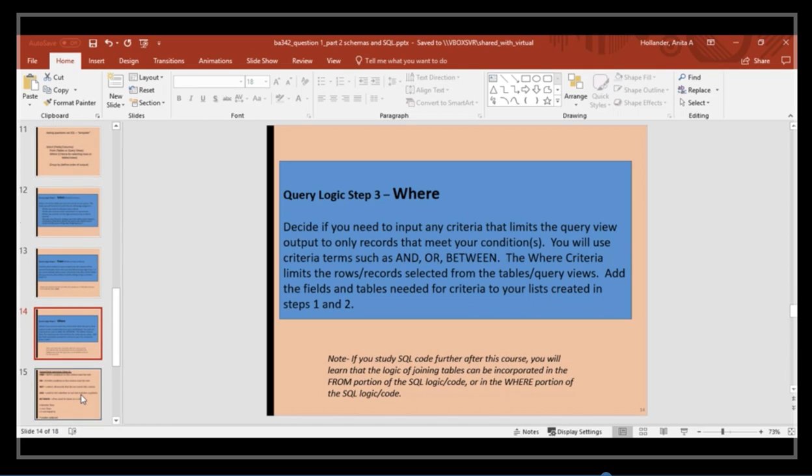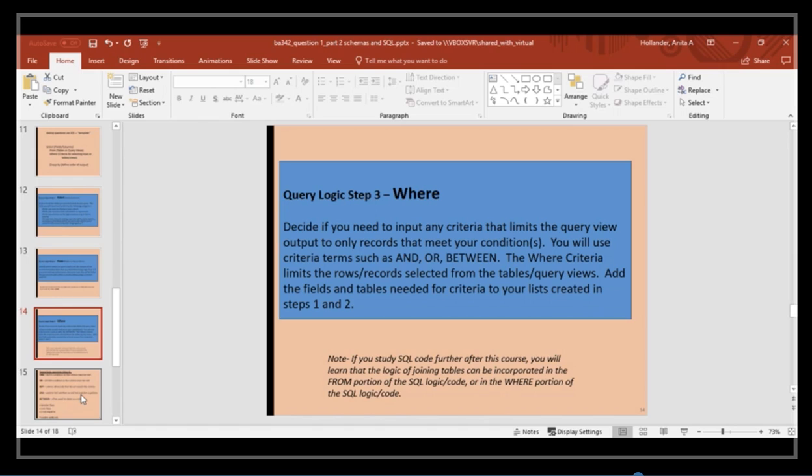The where is the logic of the criteria to limit the view, so that sometimes I'll want records that only meet a criteria of having condition A and condition B, or maybe I'll want criteria where it meets the condition 1 or the condition 2, or it might be between 2 dates.